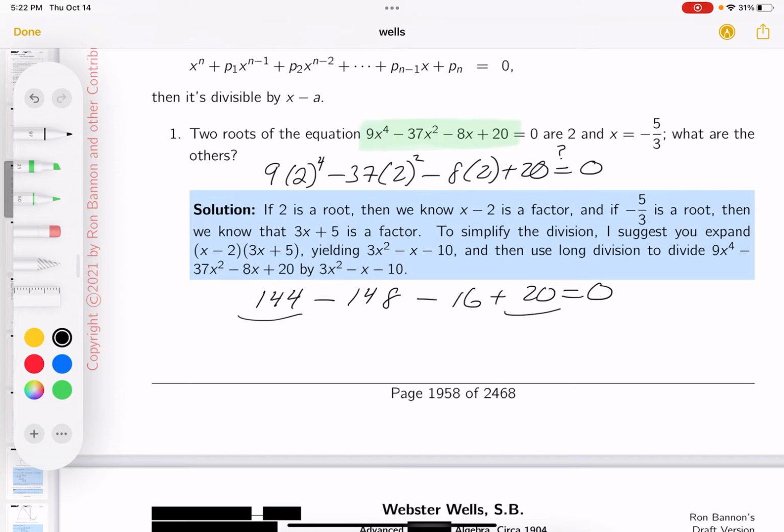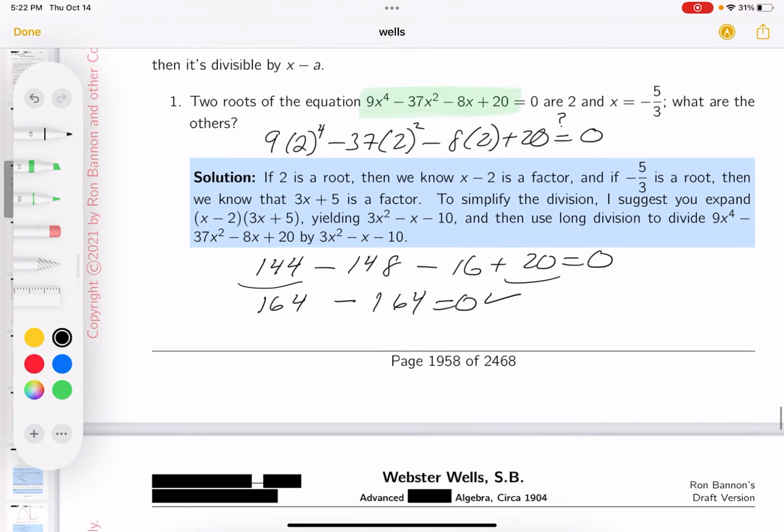I'm sorry, I made a mistake there, I've got to back up. 144 plus 20 is 164. Minus 148 minus 16 is minus 164. This works out beautifully. I got that one.